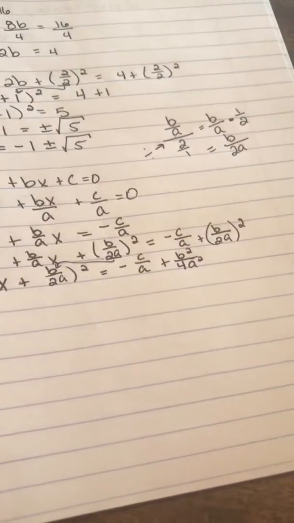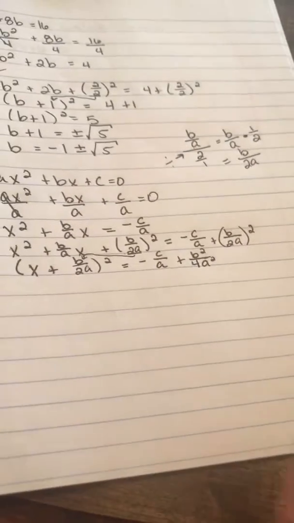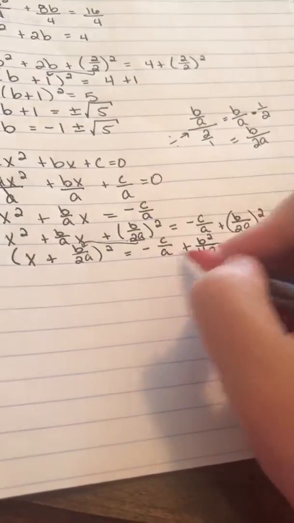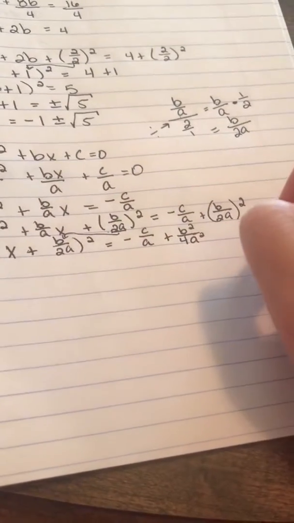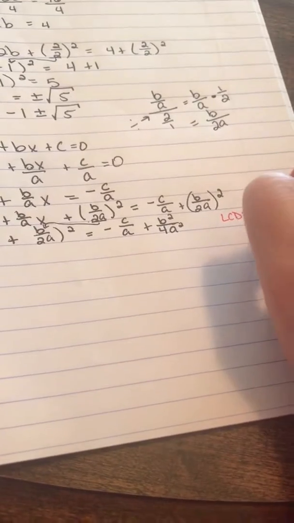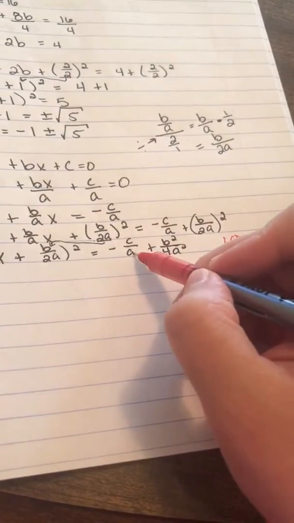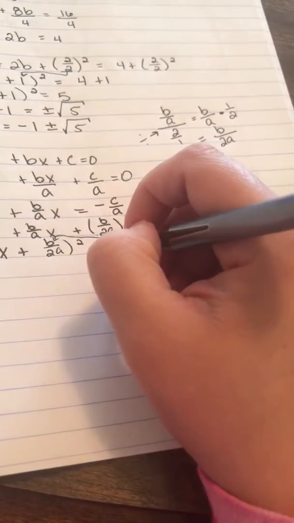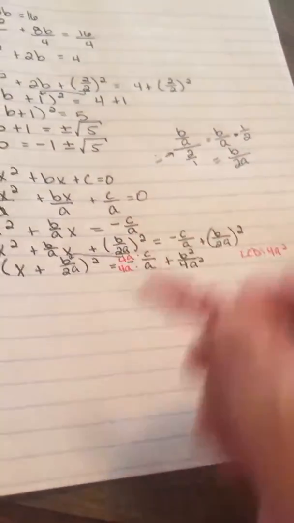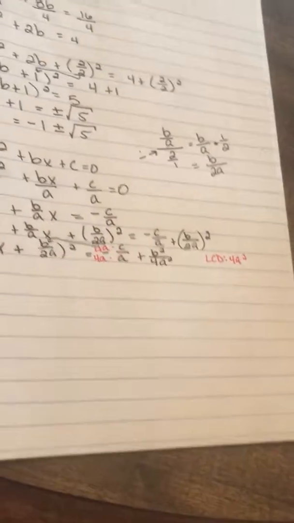Which means this here, if we combine these, the common denominator here is 4a squared. So this has an a, it needs a 4, so we're going to multiply by a 4, and we've got 1a, we need one more. So 4a on top and 4a on bottom. So you're going to be left with, so this is just manipulation and simplifying.